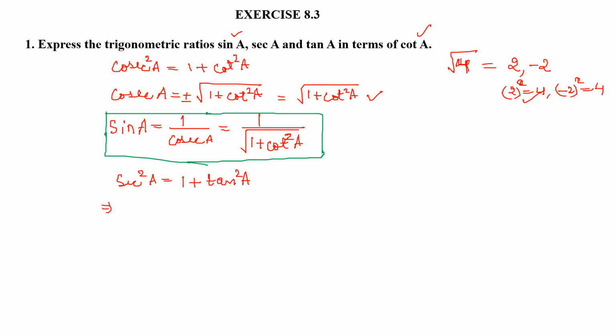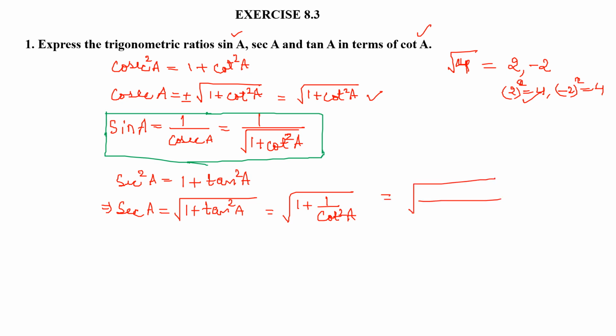So first of all, let's find sec A. Sec A will be the root of 1 plus tan square A, isn't it? And tan I can further write as 1 by cot, so it is root of 1 plus 1 by cot square A, because we know that the reciprocal of tan is cot. Now let's take the LCM.